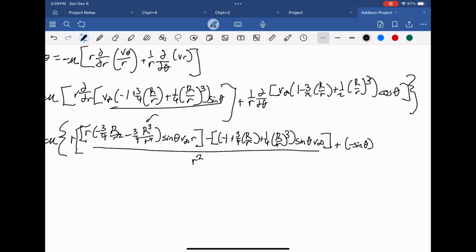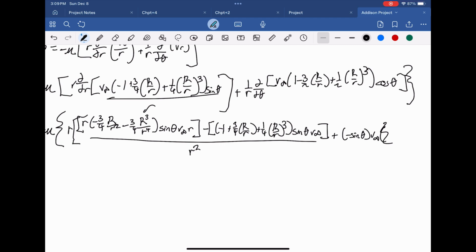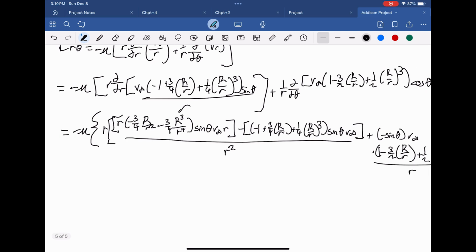So it's only going to be the cosine term up here, which when we derive is going to be negative sine theta, times the entire rest of the VR term. Let me write it down below. We have 1 minus 3/2 r over r plus 1/2 r over r cubed. And remember to watch the signs once again, because they are very important for canceling out in this equation.